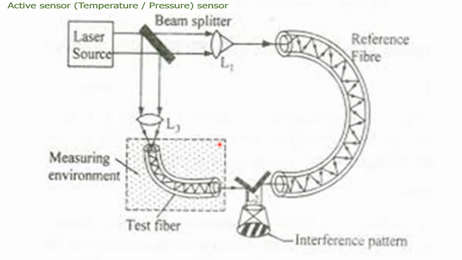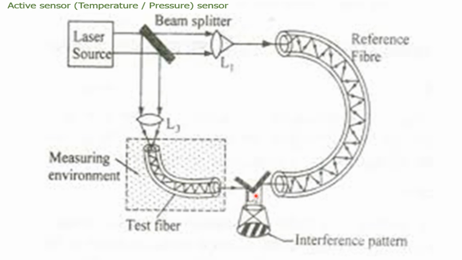Now this is the environment where I want to measure pressure or sensor. So the path of the light which is traveling through this optical fiber and the one traveling through the reference fiber will definitely have a path difference.